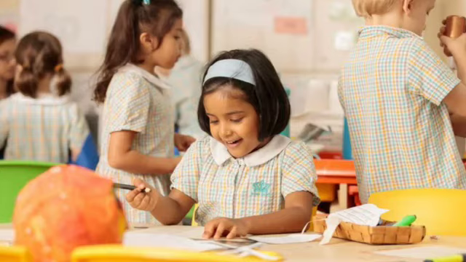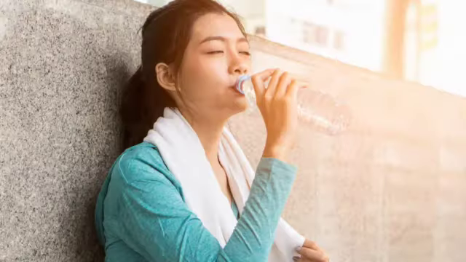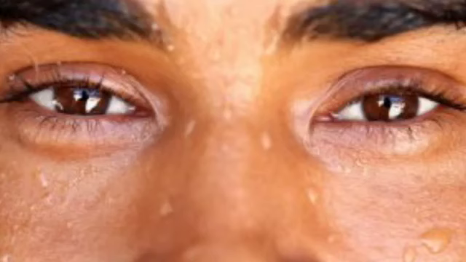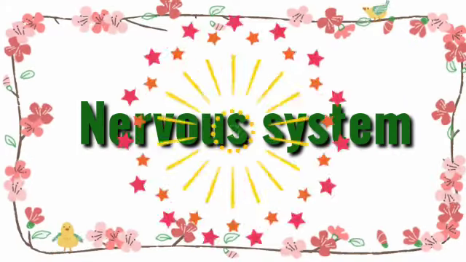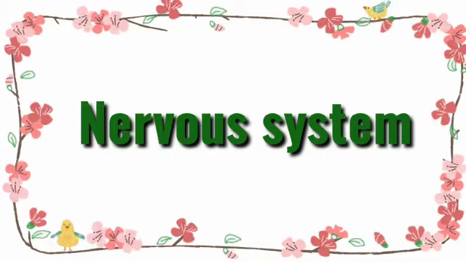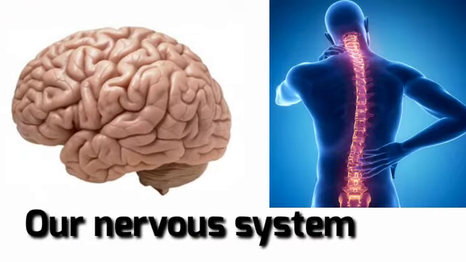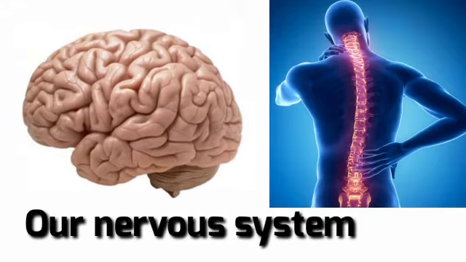We are also able to give proper reactions to the changes that take place in the environment. This is all done with the help of a system called the nervous system. So let's learn about our nervous system.